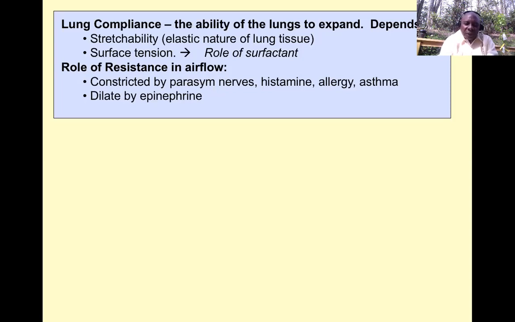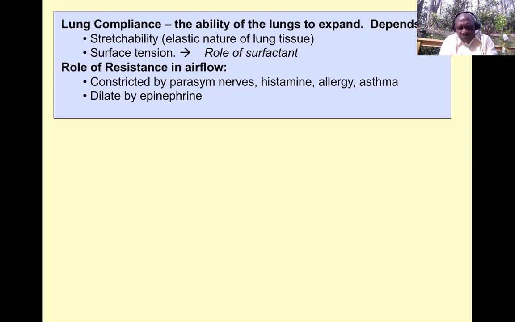The parasympathetic nervous system is rest and digest. And so when you are resting, the demand on oxygen is low, and so the bronchioles will constrict, so you have bronchial constriction because the demand for oxygen is not much. And the sympathetic will cause bronchial dilation.